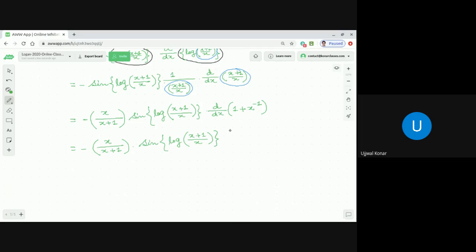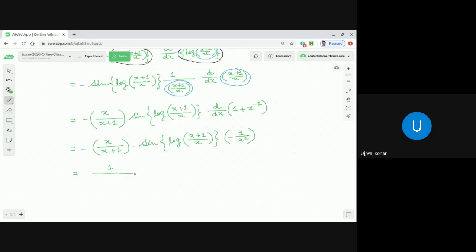Correct or not? So minus 1 into x to the power minus 2 means we can write 1 by x square. So this minus and this minus will get cancelled, and x and x square got cancelled, so it will be 1 by x.